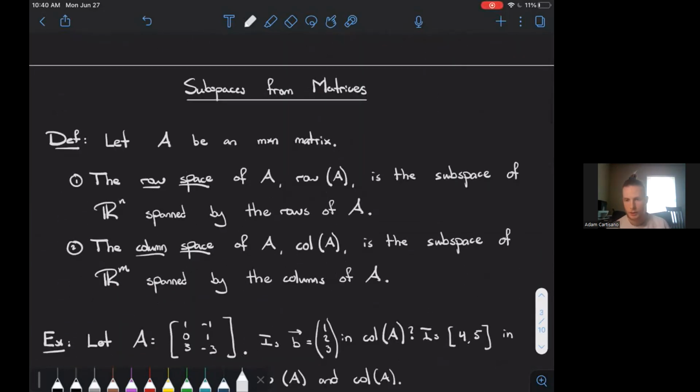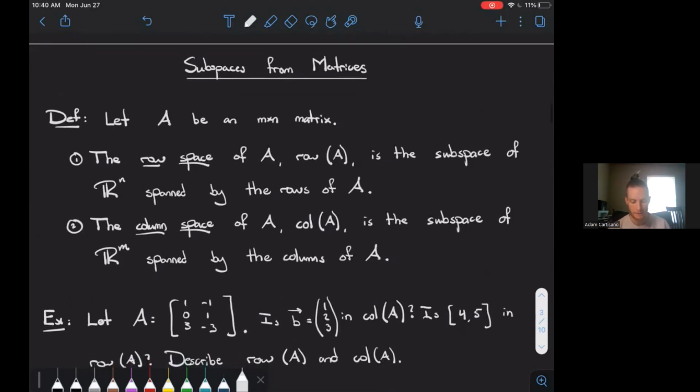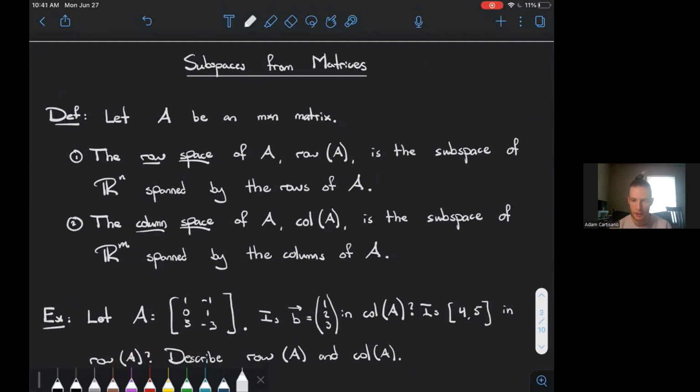Now, given a matrix, this is interesting, we can construct a subspace. So we just say let A be an m by n matrix. We define the row space of A, row of A, to be the subspace of Rn spanned by the rows of A. Remember, if A is m by n, that means it has m rows and n columns, which means that every row of A is a row vector of length n, right?